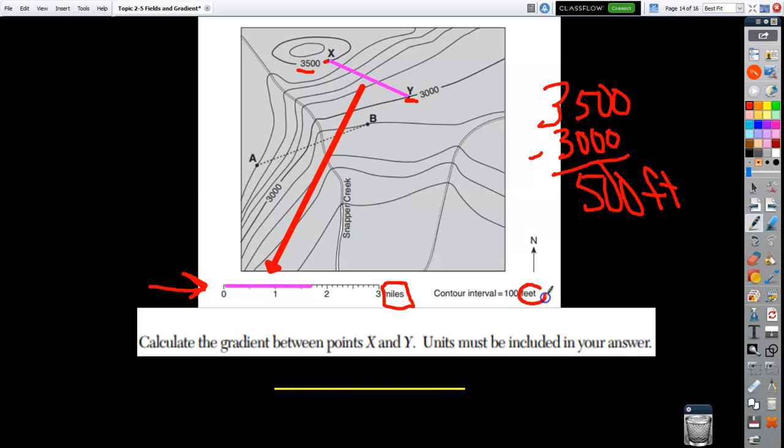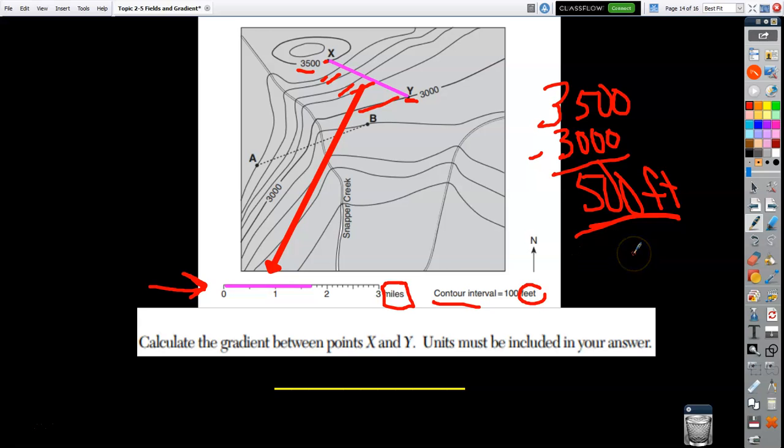Over here they're telling you what's called the contour interval, which we will probably get into next week. How much is each line counting by? In this case, each line counts by 100 feet, right? If this is 3,000, this is 3,100, 3,200, 3,300, 3,400, 3,500, etc. So I know I'm using feet because they told me feet in this corner. So I've got X at 3,500, Y at 3,000. That's a 500 feet difference. I have to divide that by the distance.